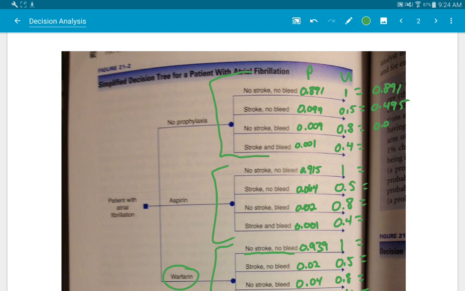Yep. 72, and then give me one more. 0.00004. So 4 zeros, no, only 3 zeros. Yes, and then 4, like that. And then now somebody in your group add all 4 of those numbers up, not multiply them, but add them. 1 point, what was it again? 39 even.